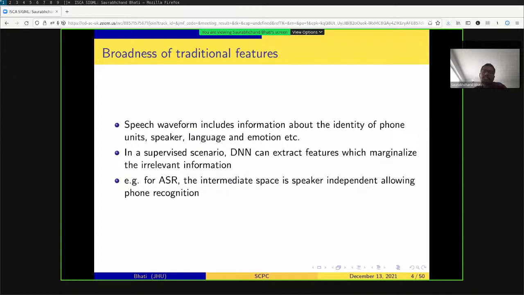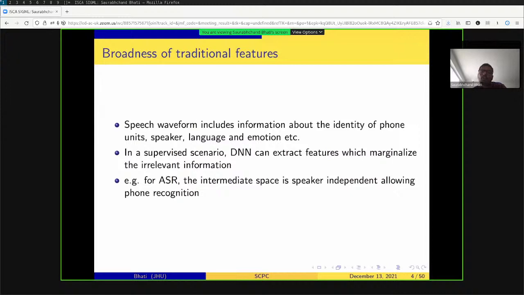That means the traditional features are capturing information about all these sources. What happens in a supervised scenario is that you have a DNN which can extract the meaningful information out of the speech waveform or the MFCC features and ignore all the irrelevant information.